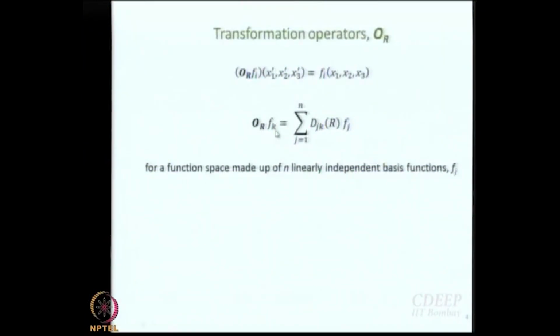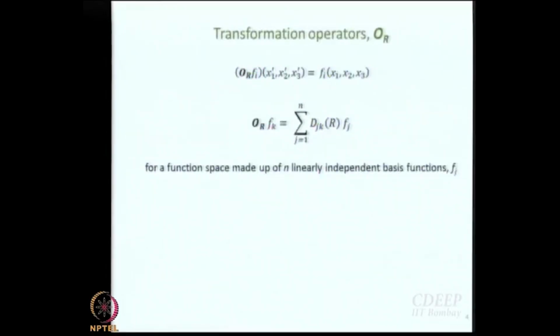Okay. Do not forget what we are working with. What is F? The Fi's or Fj's are the n linearly independent basis functions. So, they are like your x, y and z. That is why we have to go down a column djk, not dkj, right.